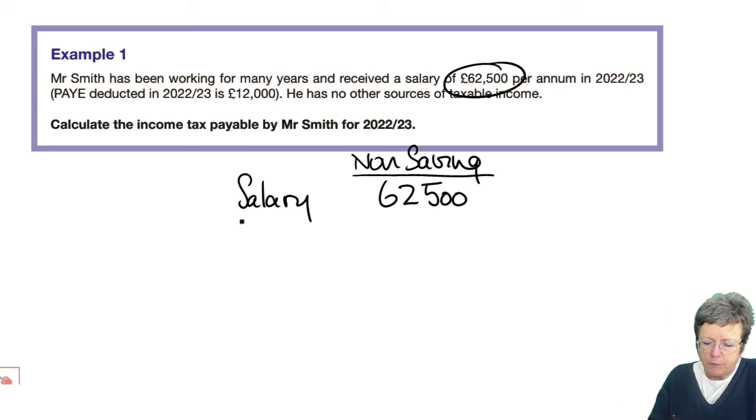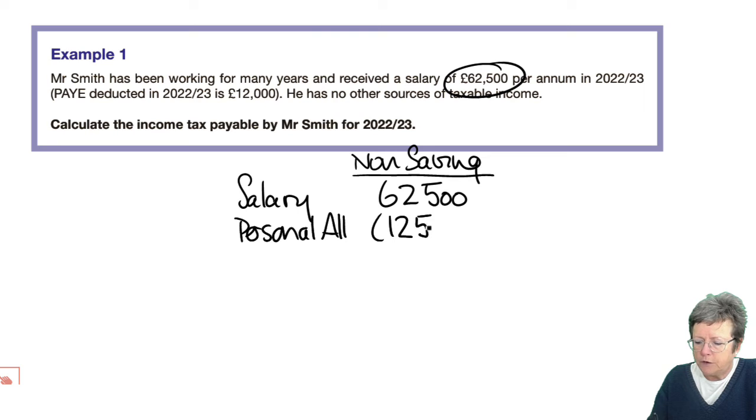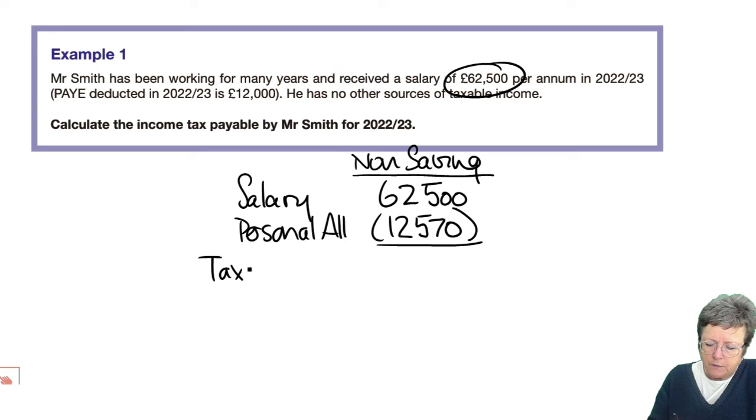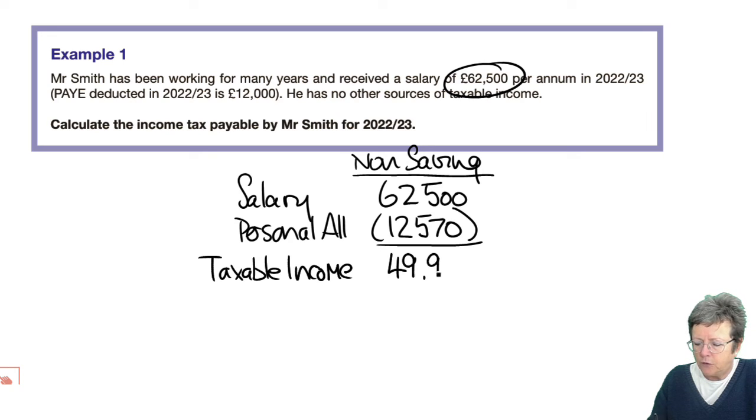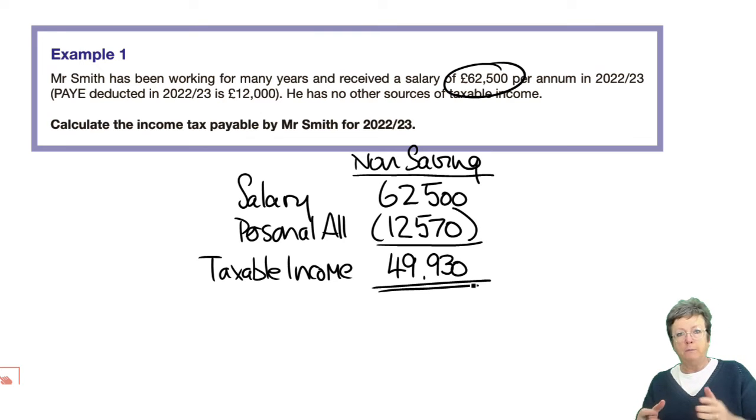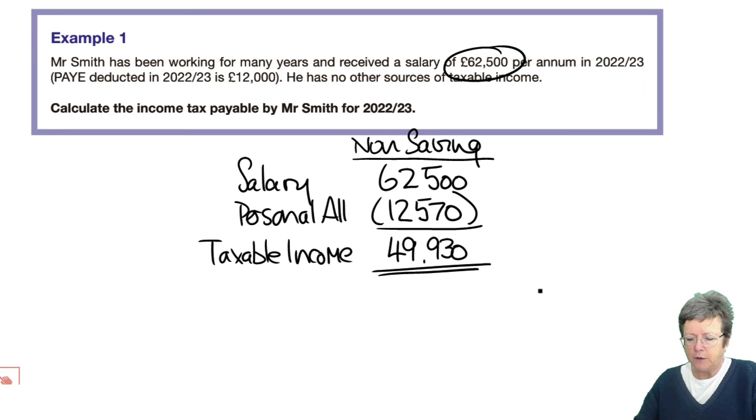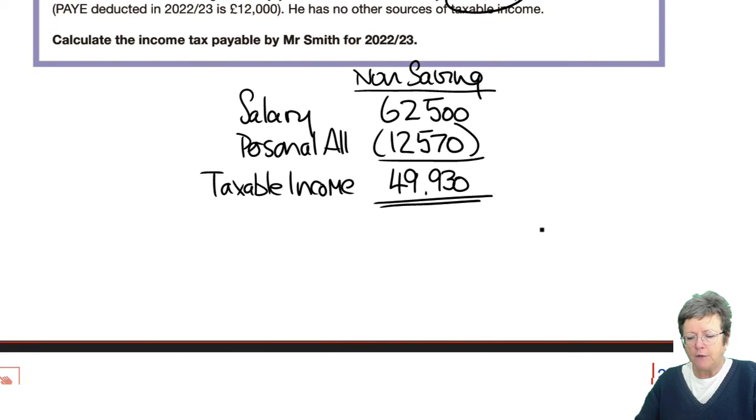But then we take off the personal allowance of £12,570, which leaves us with taxable income of £49,930. So that's a very small pro forma, as we saw earlier on. Okay, so that's all his income. There's no other income. You don't need all the various columns. That's sufficient.